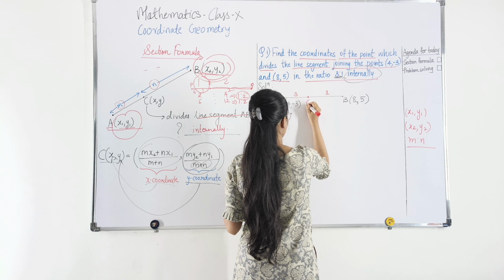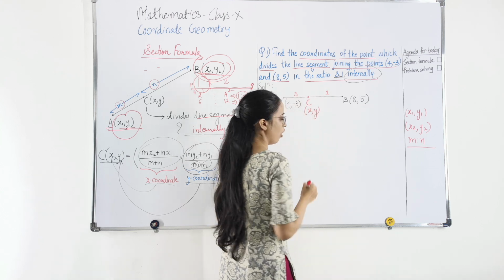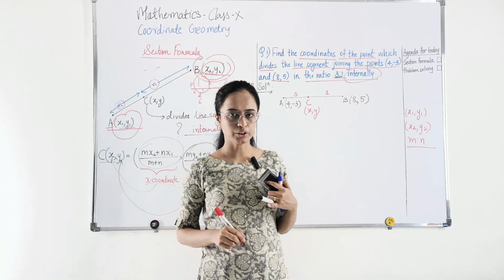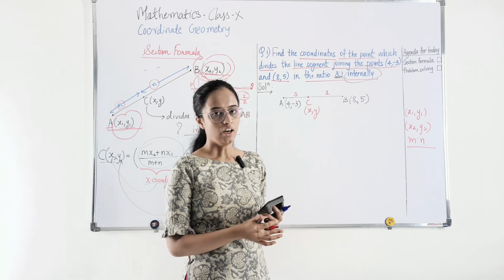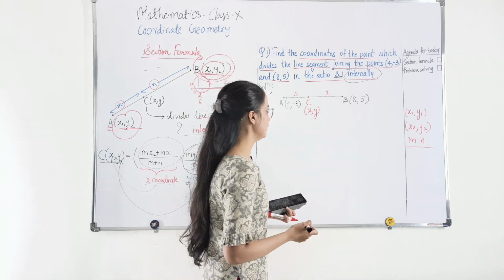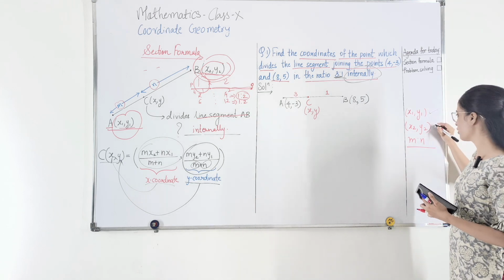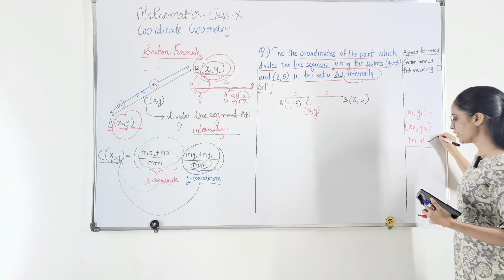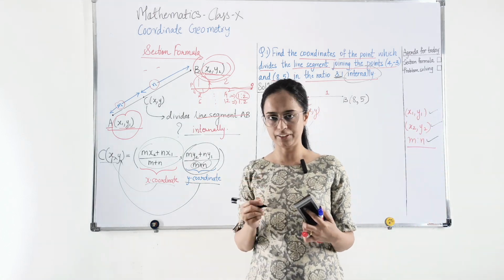Let us say that this point is C. Now our aim is to calculate the coordinates of C, that is the value for the x coordinate and the value for the y coordinate. So let us solve this problem. If we see, we do have the values for x1 and y1, we do have the values for x2 and y2, and yes, even the ratio is given to us. So we have the value for m as well as n.